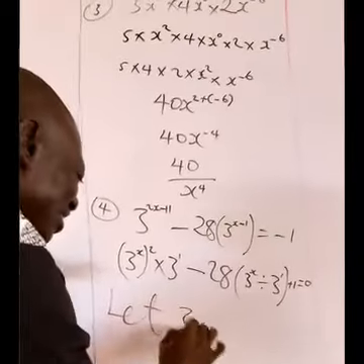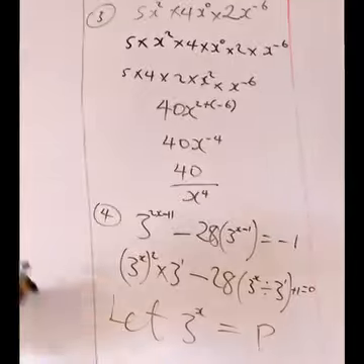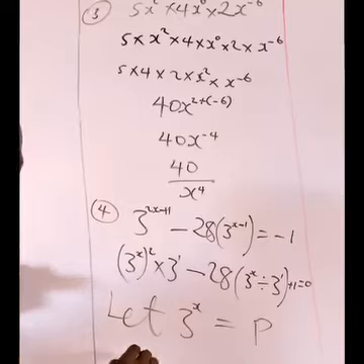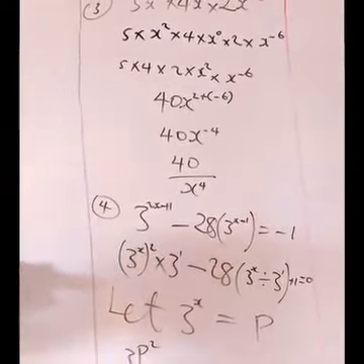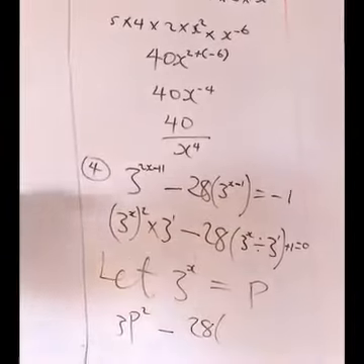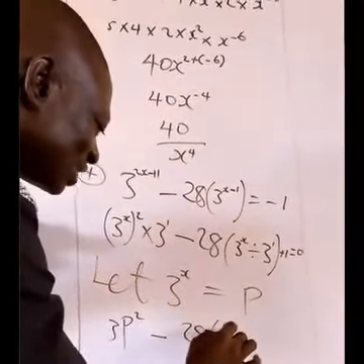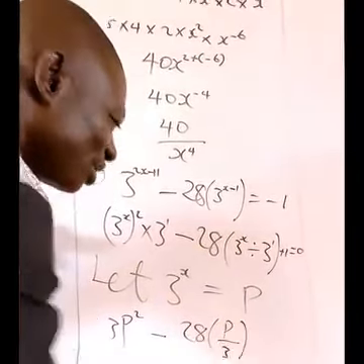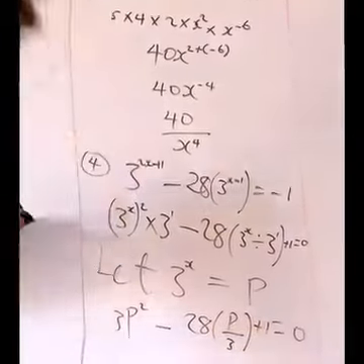Let 3 raised to power x be equal to p, for instance. If it's equal to p, anywhere we see 3 raised to power x, we put p. So we have p raised to power 2 times 3, minus 28 into p divided by 3, that's going to be p over 3, bracket closes, plus 1 being equal to 0.